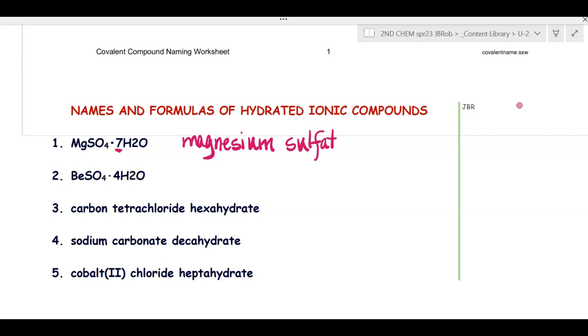And that little dot means hydrate, that these are associated with 7 water molecules. So this would be magnesium sulfate, 7 is hepta, hydrate.